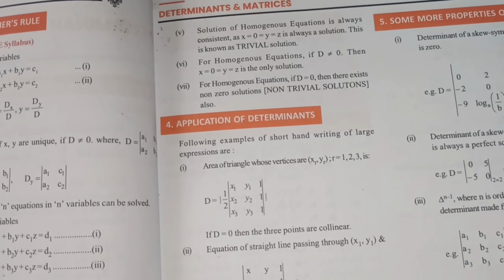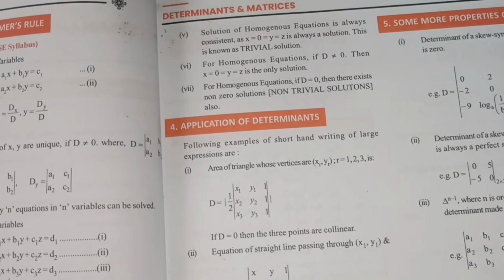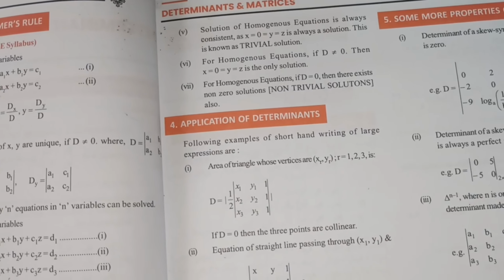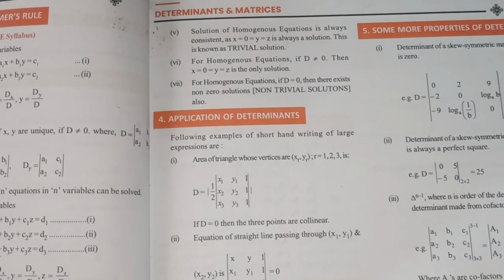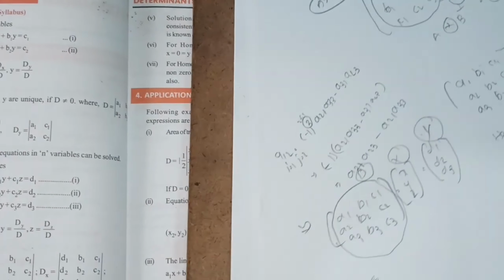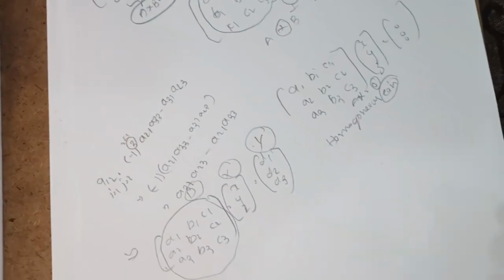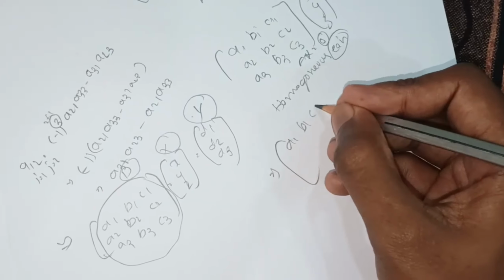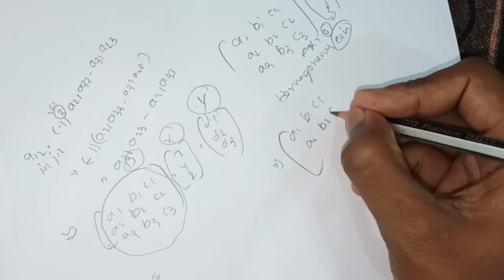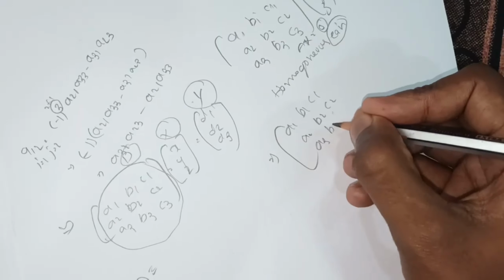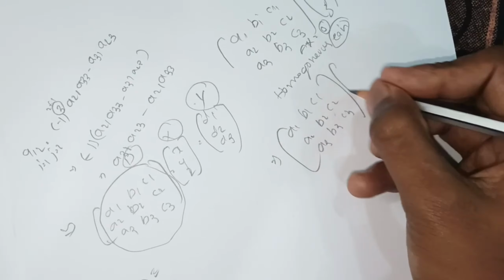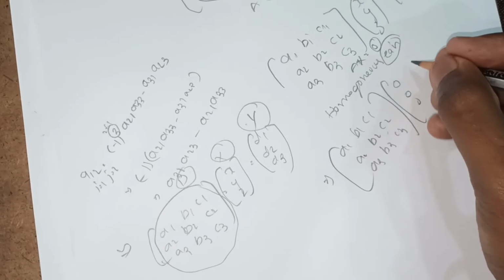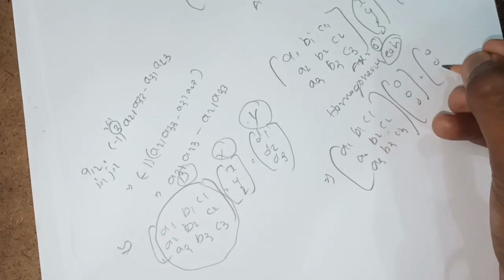If x, y, z are equal to 0, then for any value of a1 b1 c1, a2 b2 c2, a3 b3 c3, we get 0 0 0.